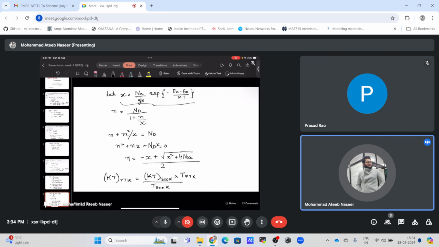I have just used the value of kT at 300 Kelvin, divided by 300 Kelvin, which will give me the value of k, and then I will simply multiply it by the temperature of 77 Kelvin. So it will be simply 0.026 into 77 divided by 300.